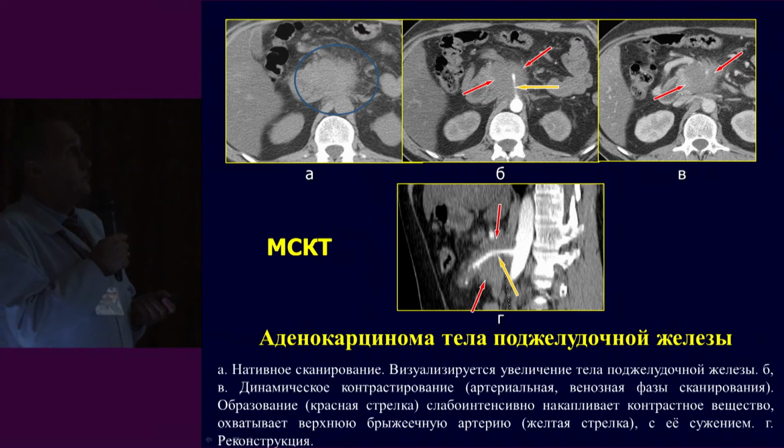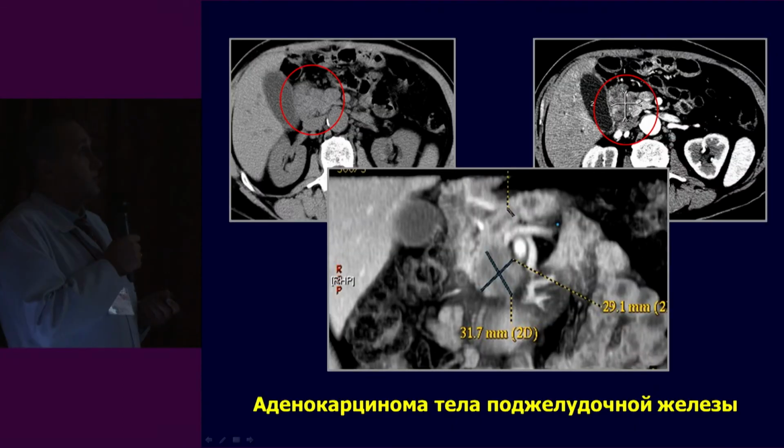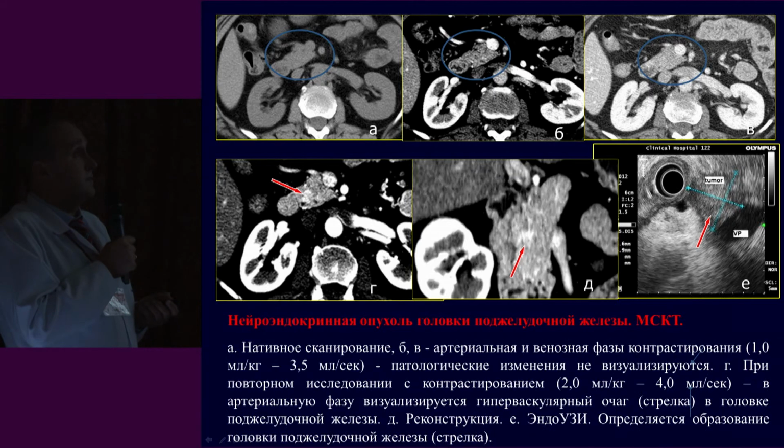Now, the contemporary CT results, you can see how good they are. And before surgery, you definitely should assess how the tumor is, what is the relationship of the tumor with the vessels.